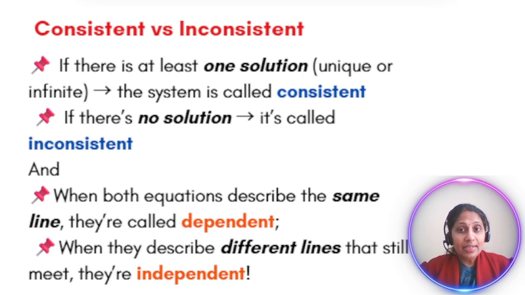Clear? The next thing, when two equations describe the same line, then they are dependent. When they describe different lines but still meet at a point, then independent. That's it. So this is all about our nature of solutions.